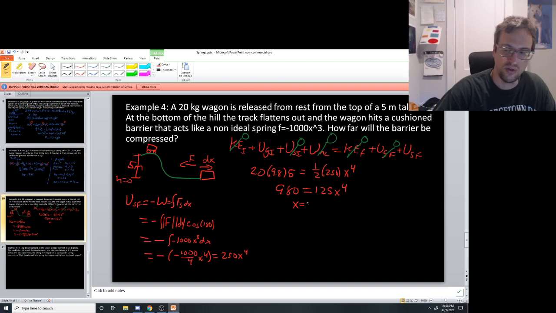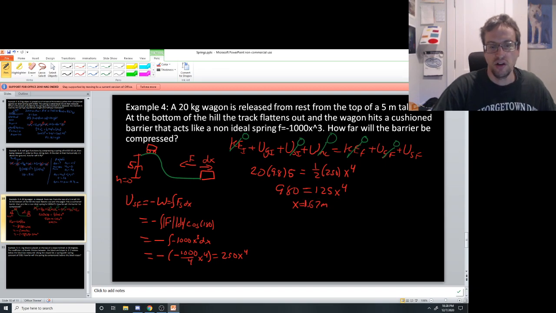X is equal to 1.67 meters. Alright, so nonlinear spring. Take the integral of it. That gives you the potential energy function, and then you can plug it in there.